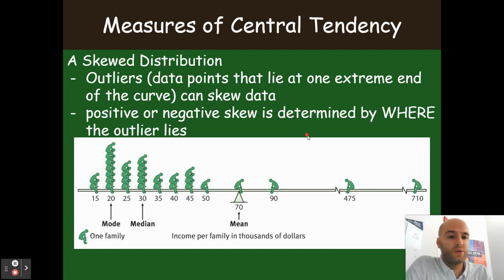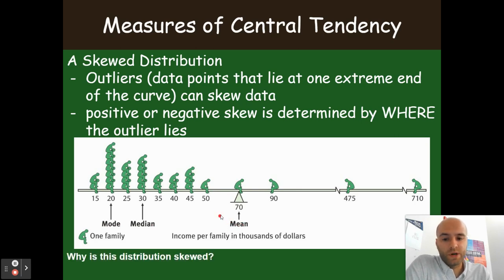Positive or negative skew is determined by where the outlier lies. Right? So if you're looking at this example, it's kind of hard to tell, but this is a curve, right? But it's not a normal curve because it's not equal on each side of the mean, median, and mode, which you'll notice those three things, which in a normal curve are the exact same number, are no longer equal.